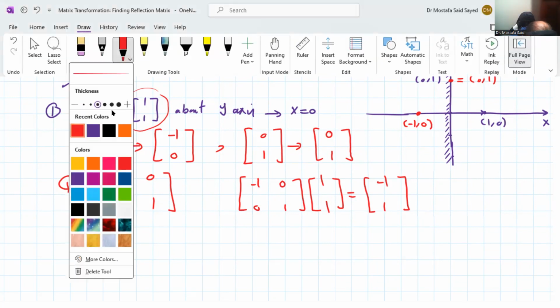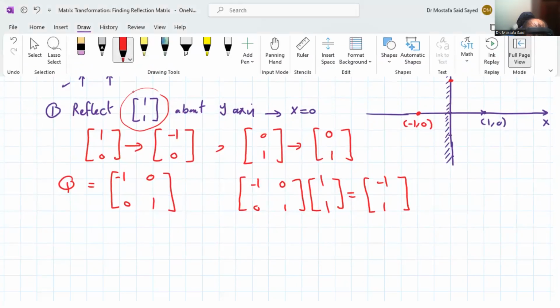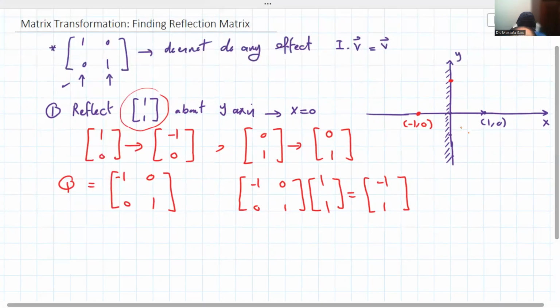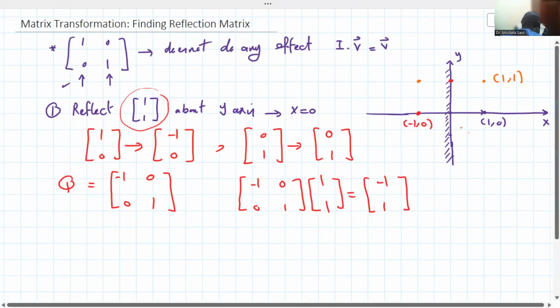Let's check that. First let's remove that stuff here. That's our point, 1, 1, in orange. It will be reflected to the point -1, 1: minus 1 in x, 1 in y.